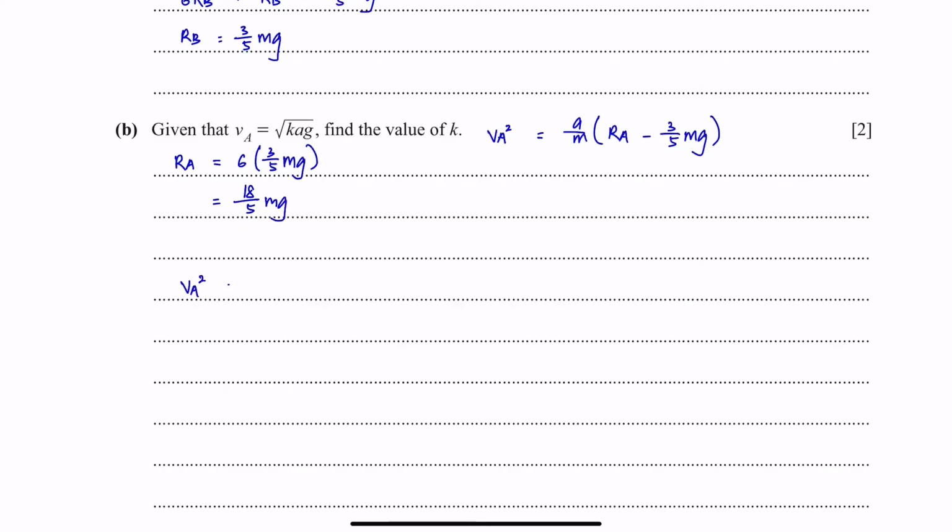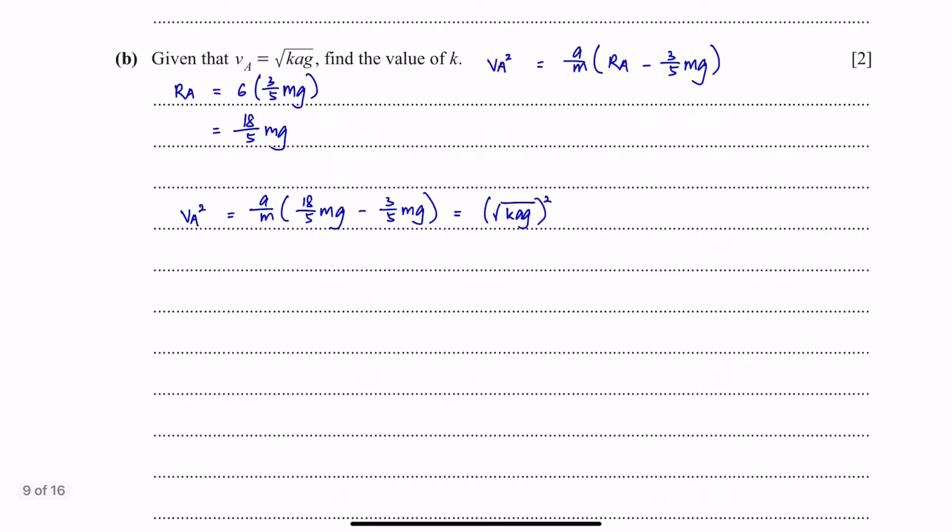And Va squared is equal to a over m times Ra, which is 18 over 5 mg, minus 3 over 5 mg. And this equals k squared ag.